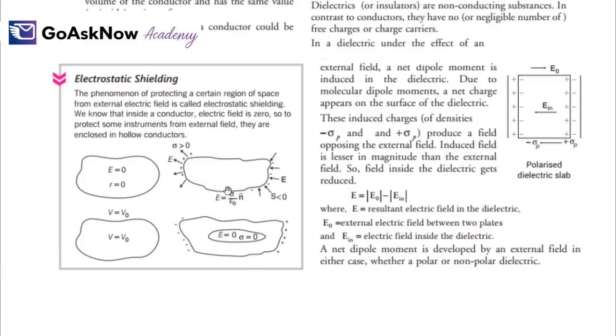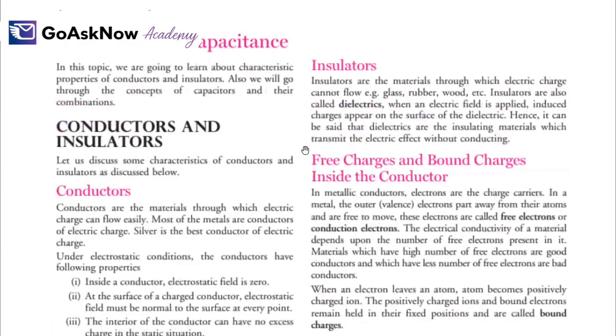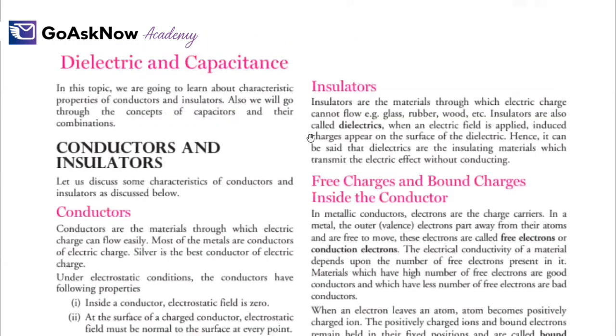That is also an application of the shielding effect: if you want to give protection to some instruments from external electric field, we can enclose them in a closed hollow conductor. So inside the conductor, there will be no effect of the electrostatic field. Okay.